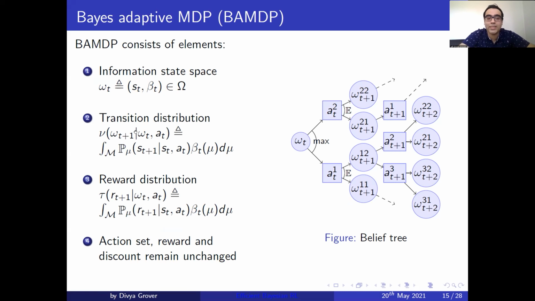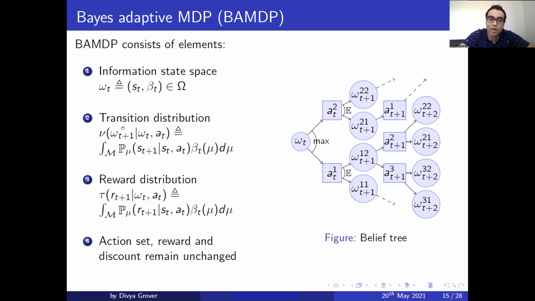So we just basically say that the transition distribution of going to the next information state, given the current information state and the action, is essentially just the marginal. So essentially, this is the transition distribution of the underlying MDP for a fixed MDP, and then we weight it by the belief of the MDP that we have at time t.